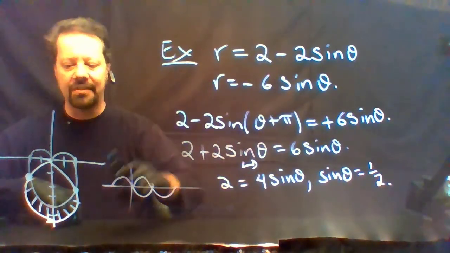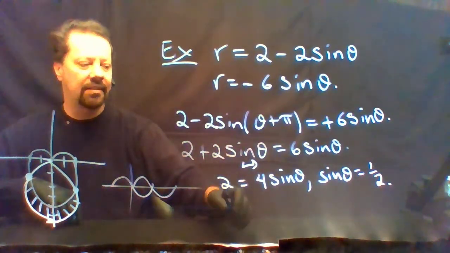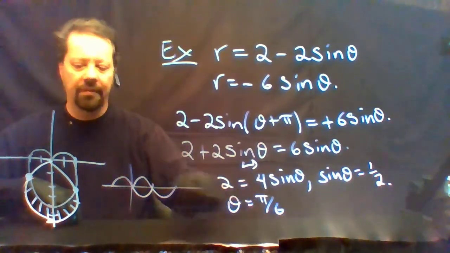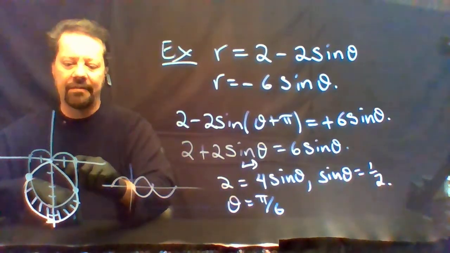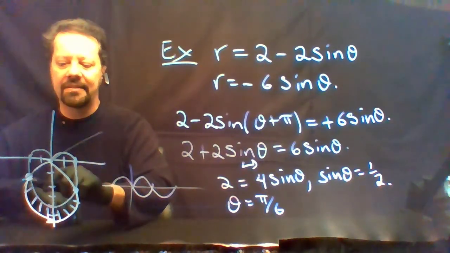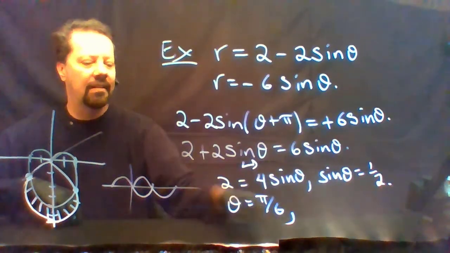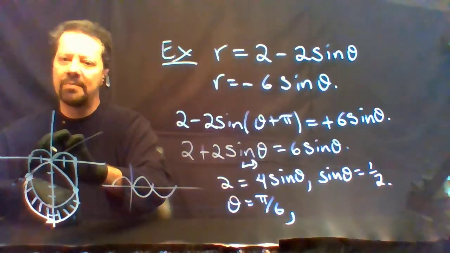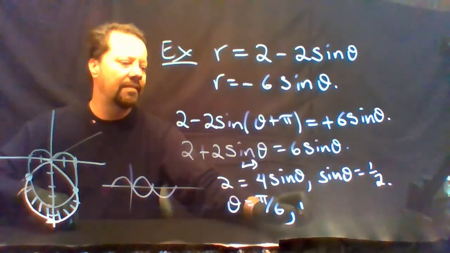This gives us the angles that we get for the second curve. For the first one, an angle of pi over 6, but with a negative radius. The second curve will go through that point not at pi over 6, but at 7 pi over 6.